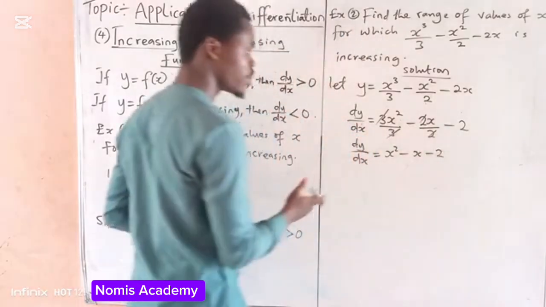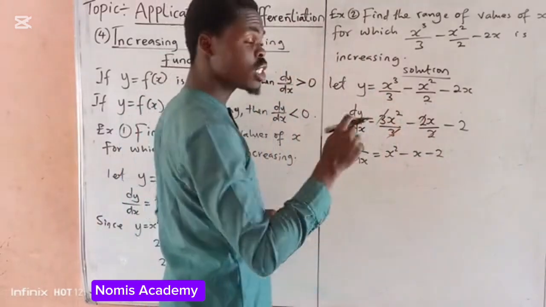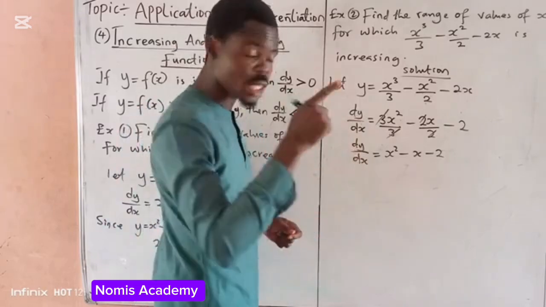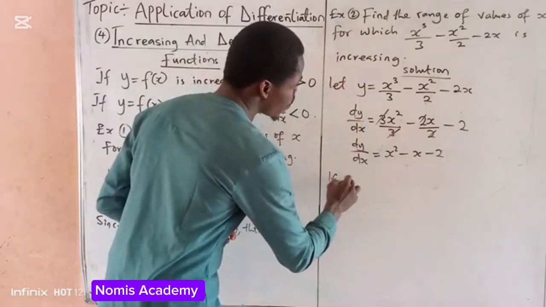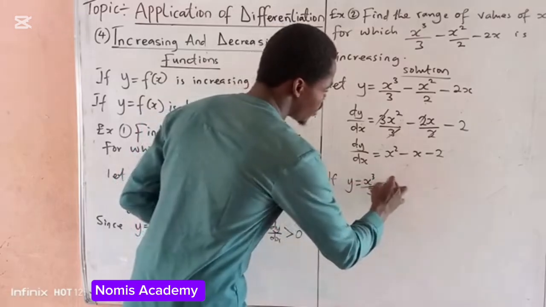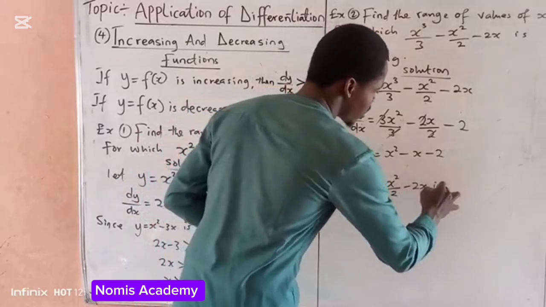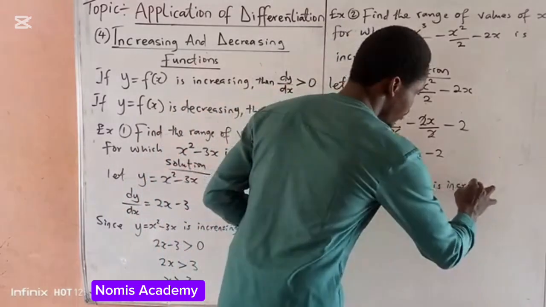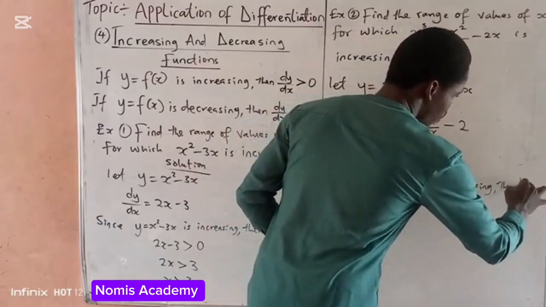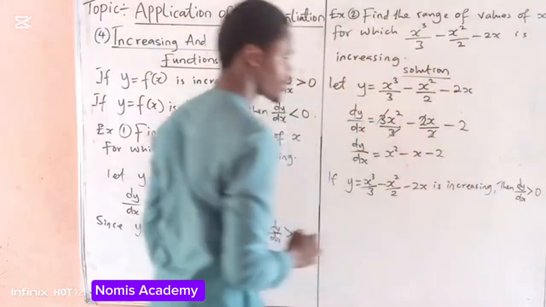So this is the function. For this function to be an increasing function, then dy dx must be greater than 0. So if y equal to x cubed over 3 minus x squared over 2 minus 2x is increasing, then dy over dx is greater than 0.